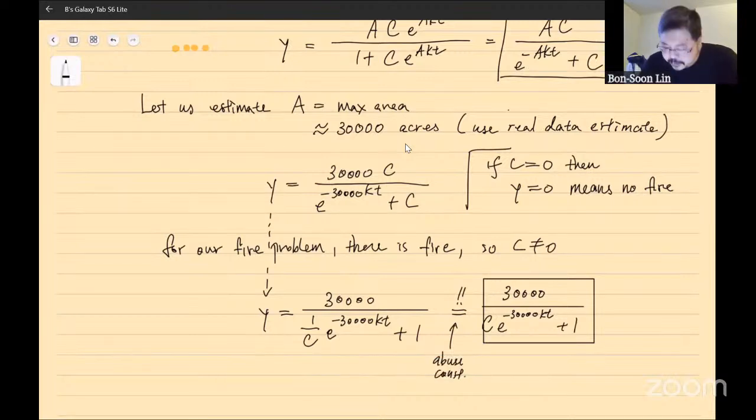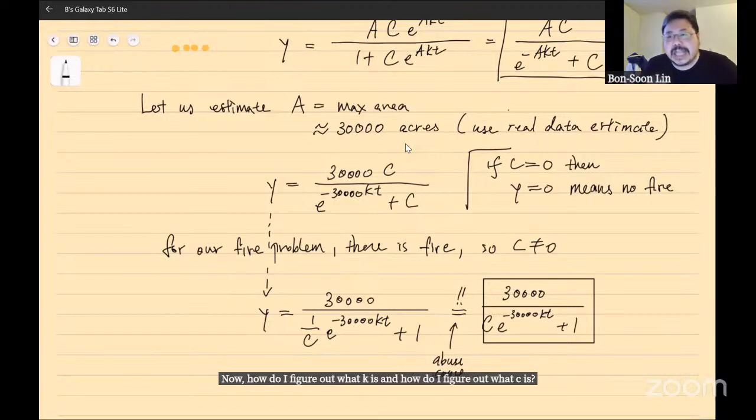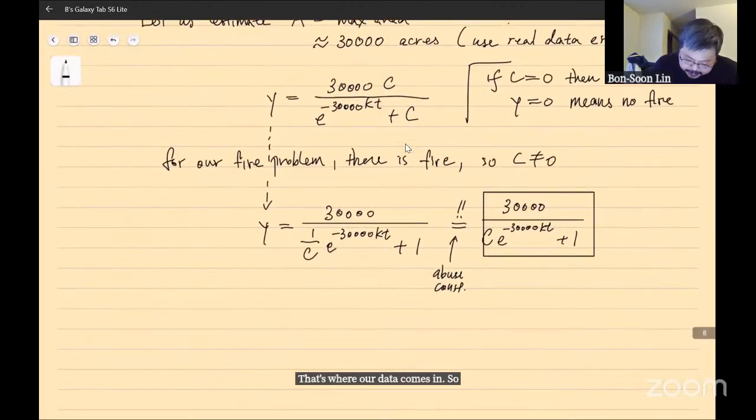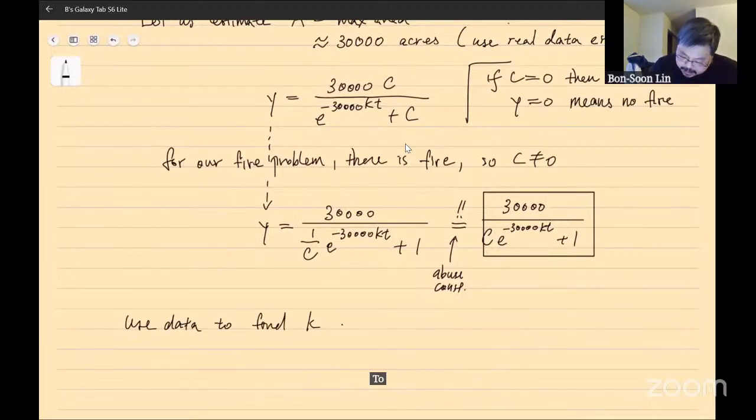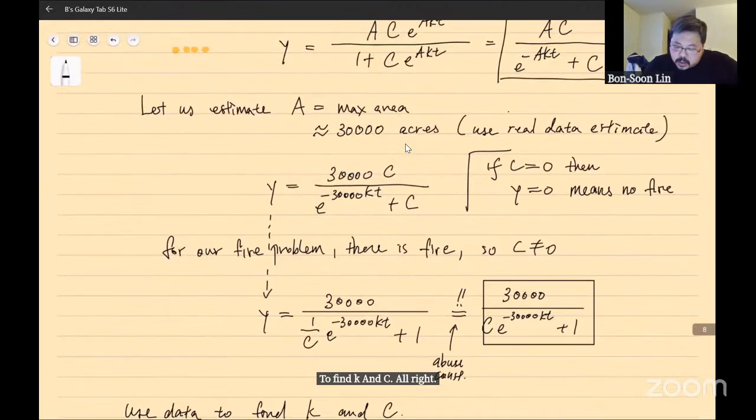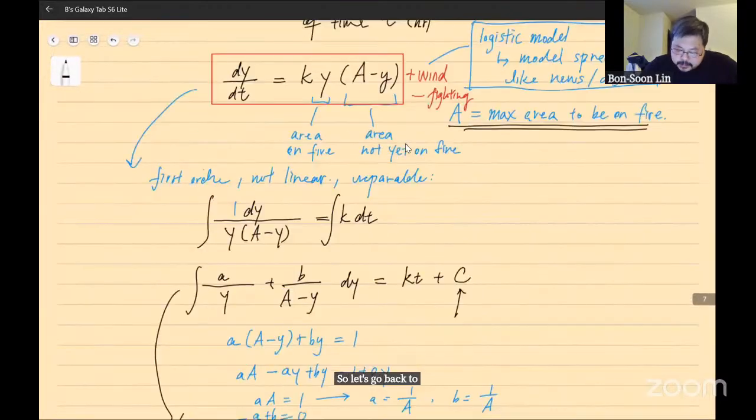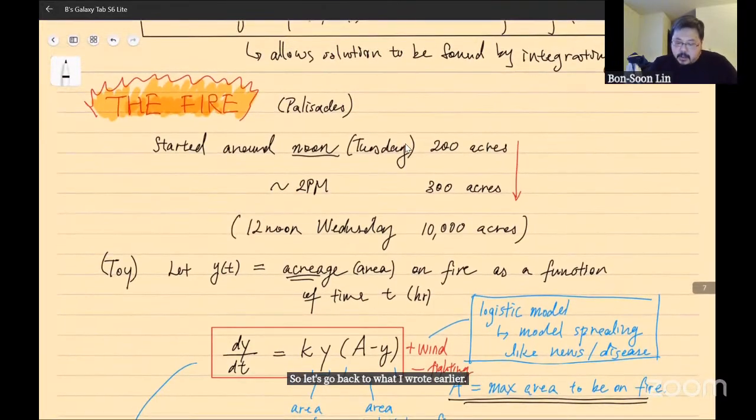Now, how do I figure out what k is and how do I figure out what c is? That's where our data comes in. So we'll use the data to find k and c. Let's go back to what I wrote earlier. The initial news of the fire is at noontime, 200 acres burned.